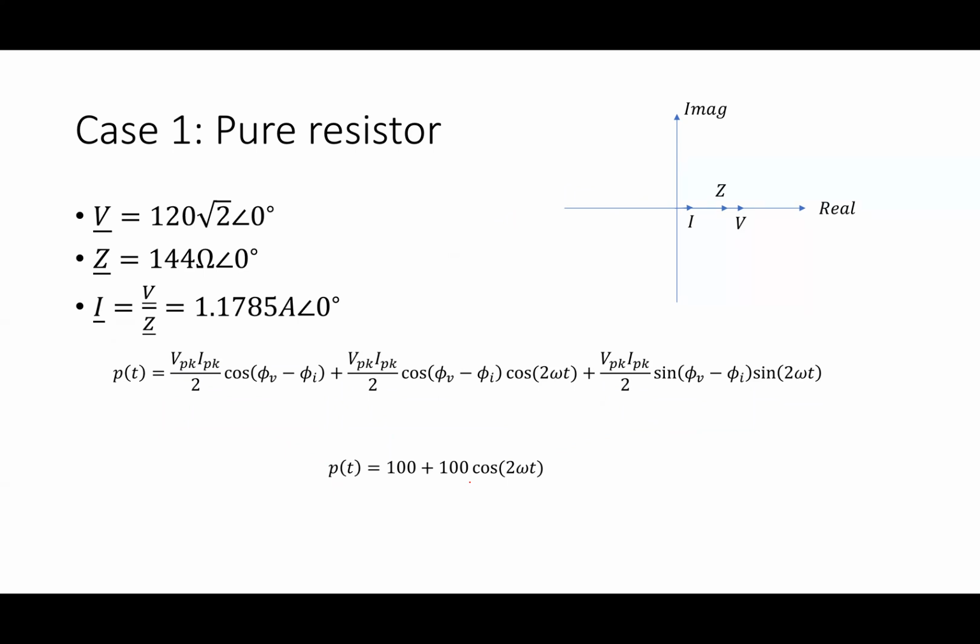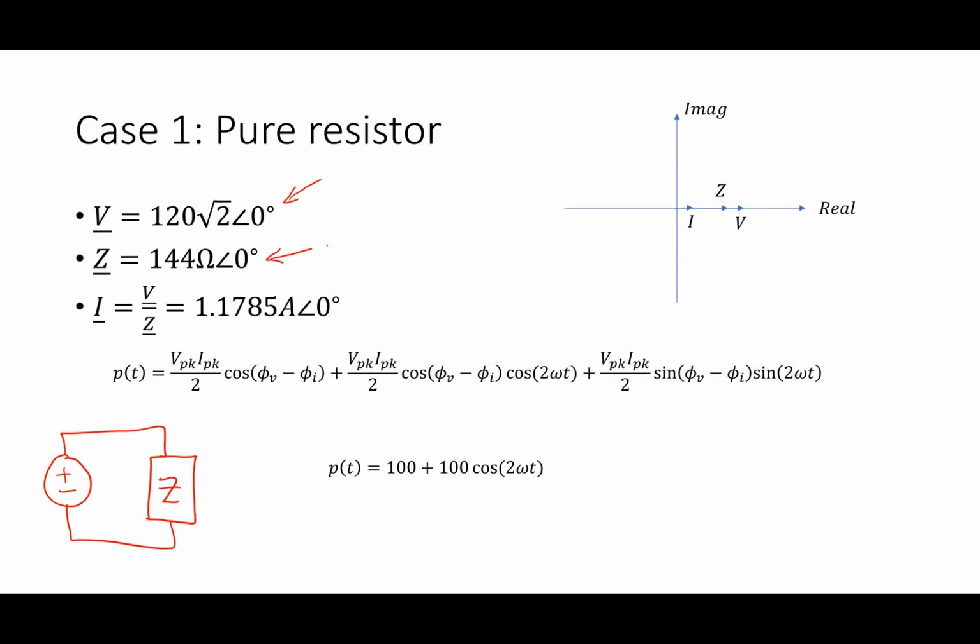So we're going to use this idea of phasor diagrams a lot. What I have here is a couple of different cases. I have a load that has this voltage applied to it. The circuit would be just a resistor, and I'm going to call it Z. If I have a resistor, then my Z is 144 ohms with an angle of 0.